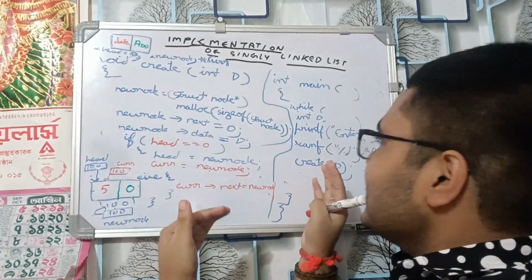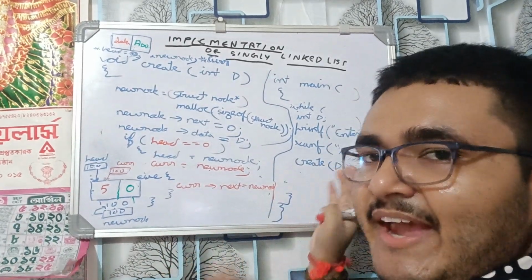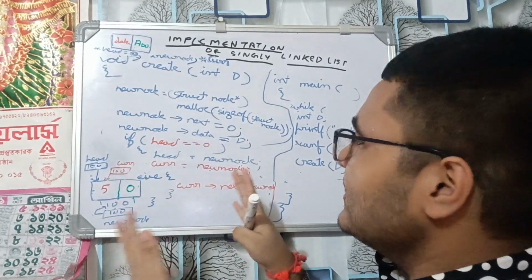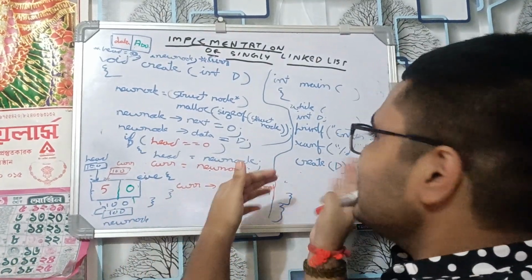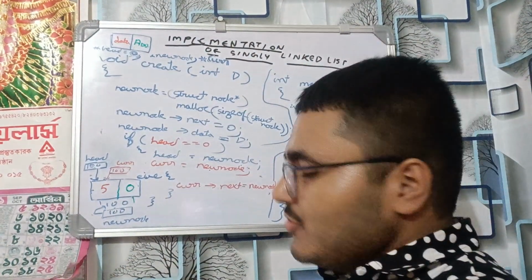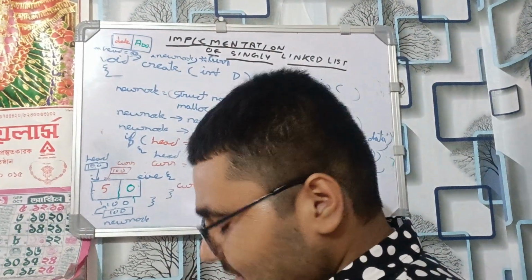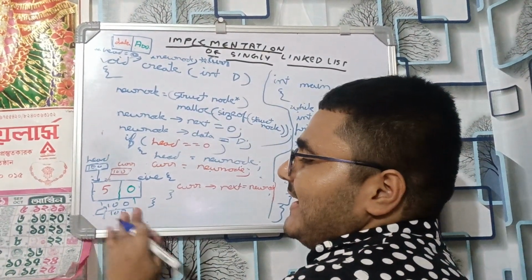Say suppose this loop runs again. This function is called. Fine. This loop runs again. This function is called. So when this function is called, again one new node has been created.